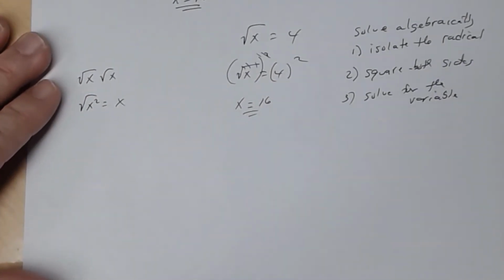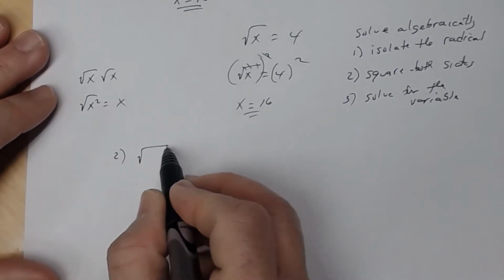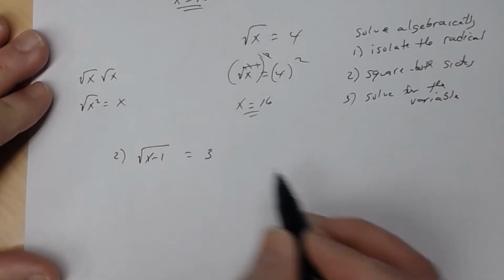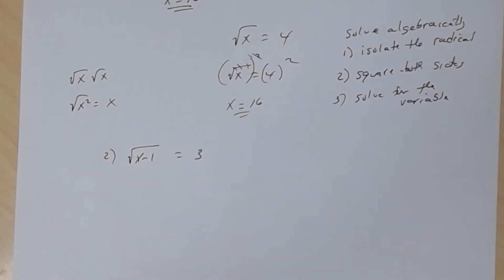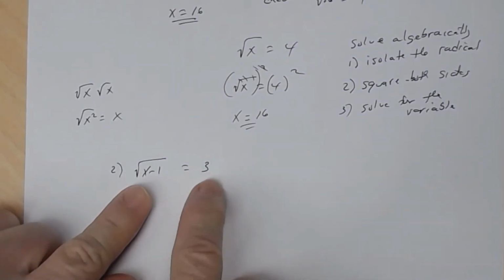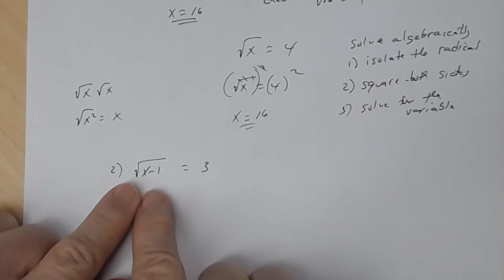Now number 2, let's suppose this was number 2. We had the square root of x minus 1 equal 3. You can probably guess at this as well, because you see how the square root's by itself, and that's what you wanted. You would isolate the radical, what's already by itself.